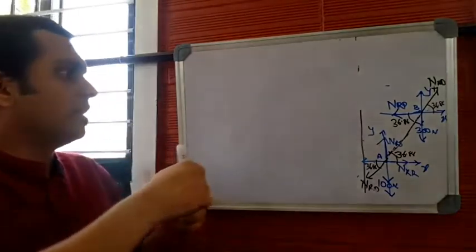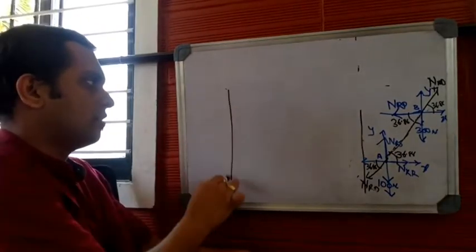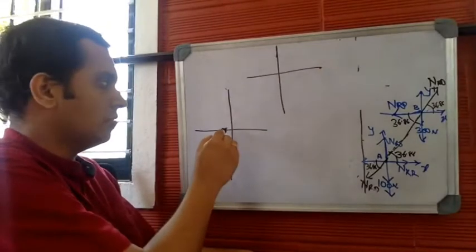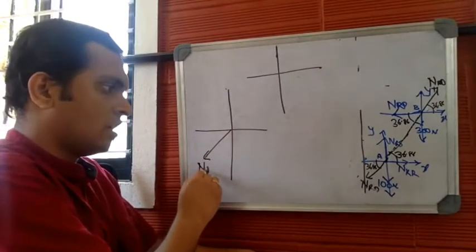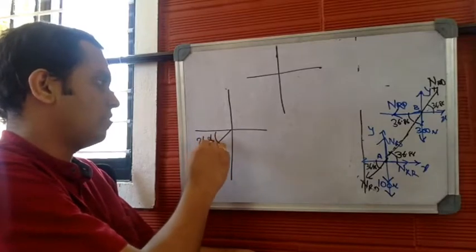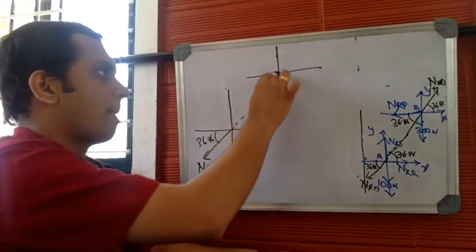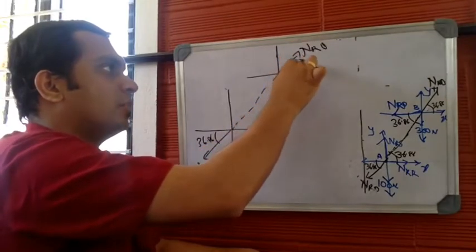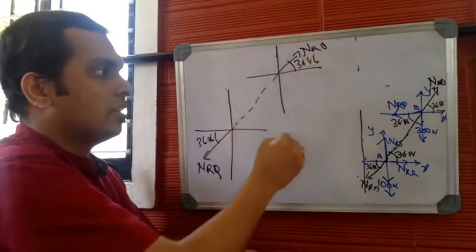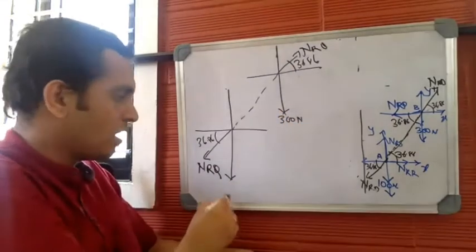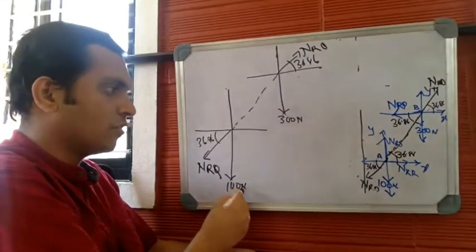Let me draw the free body diagram properly again. So this is NRQ, and this angle is 36.86. This is again NRQ. Angle is 36.86. Self weight is 300 newtons, and here self weight is 100 newtons.